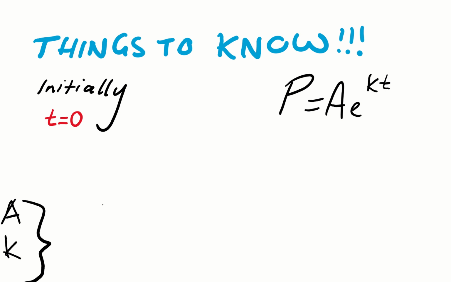That's something growing exponentially, and if it was decaying, it would just have a negative k. Now they can use different values here, but P usually stands for the population, A is your initial population, e is just Euler's number, k is some sort of rate, and t is for time.